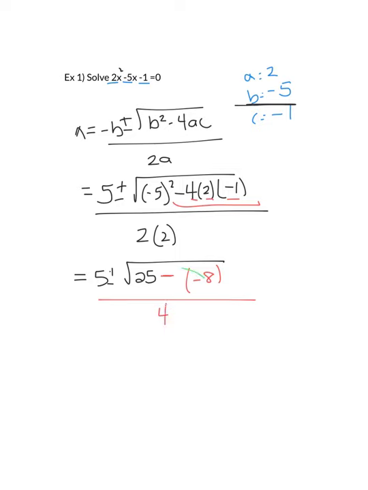Now, what I know is that this actually becomes positive 8. So what I have is 5 plus or minus the square root of 25 plus 8, divided by 4, which equals 5 plus or minus the square root of 33, divided by 4.